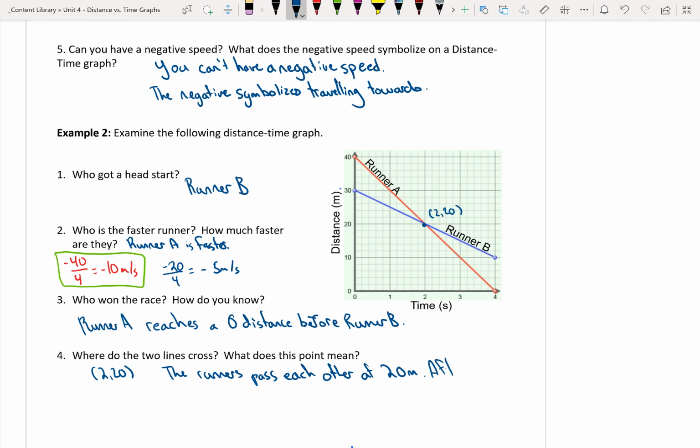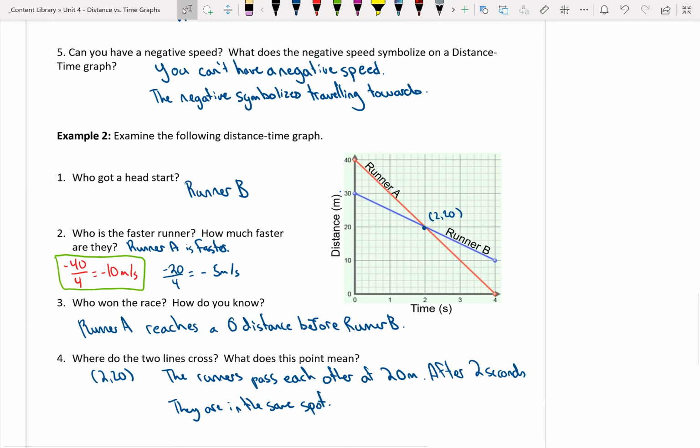Or you could say they pass each other after 2 seconds. Or you could say they are in the same spot. Because again, at that split second, they are both 20 meters from the finish line at 2 seconds.